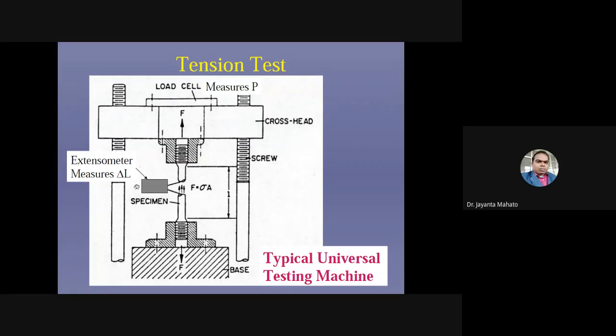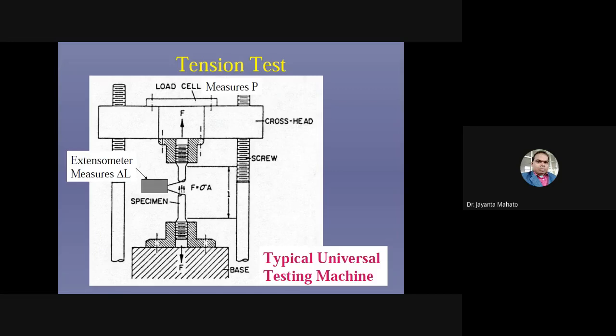Another control mode is the extensometer control mode, sometimes called strain control mode. In strain control mode, the machine gets the input that the test will be controlled by the extensometer. The change in the value of the extensometer means what amount the extensometer will travel per unit time.